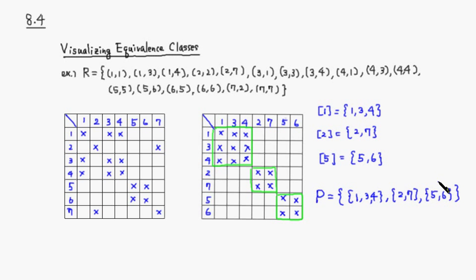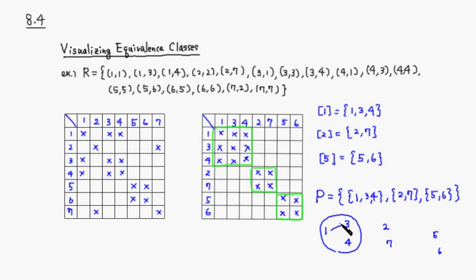So equivalence classes can be visualized this way: you have the equivalence class 1, 3, 4, and you have 2 and 7, and 5 and 6.